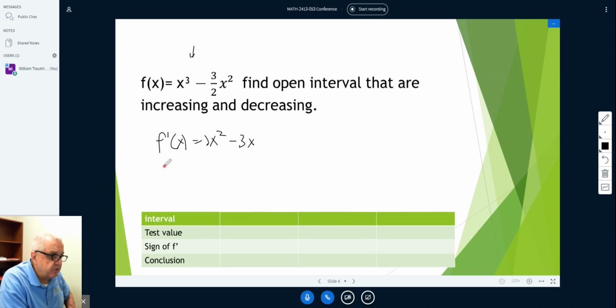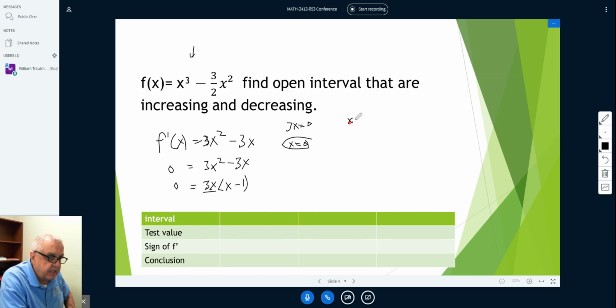All right, and we're going to set the derivative equal to 0 and solve for x. First, I'm going to factor out a 3x. So 3x equals 0, and if I divide by 3, x equals 0.